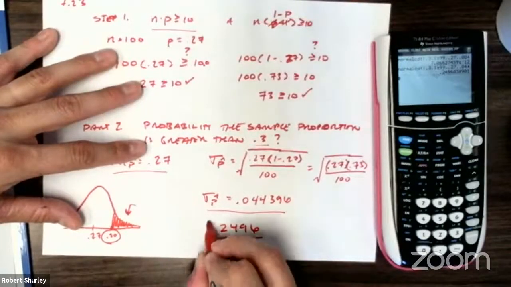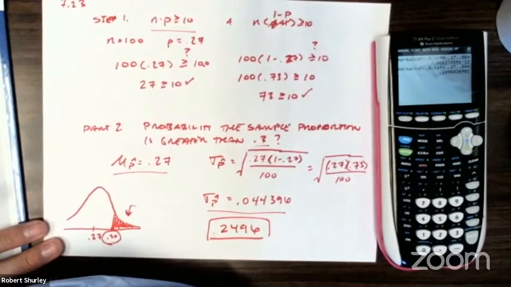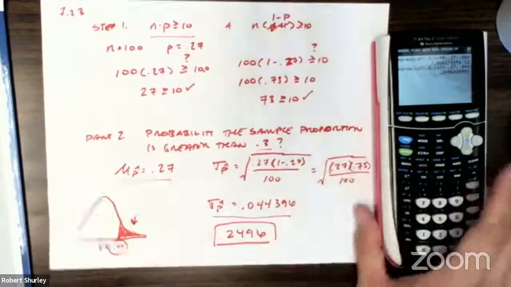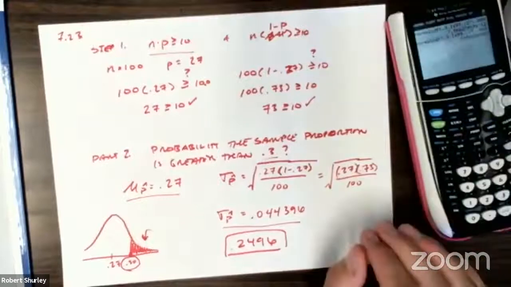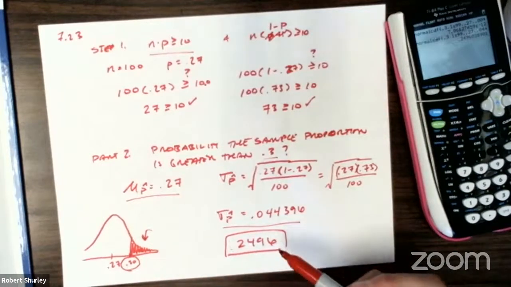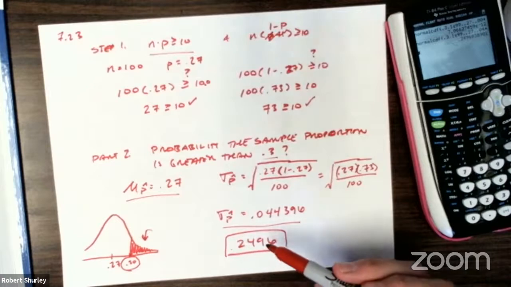0.2496. Now notice if you look at the book, because they use charts, they're going to get a different number. If you look on page 331, you'll see that they got 0.2483. And look, it's really close. I'm going to tell you on the test, if you get something close to this answer, it's right.